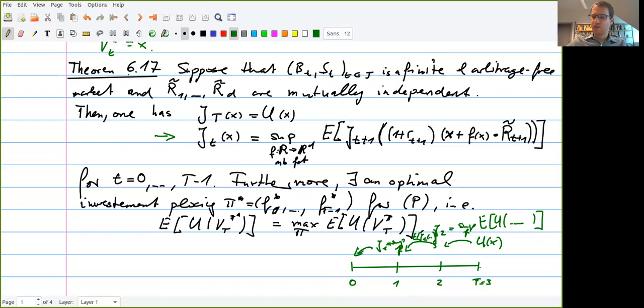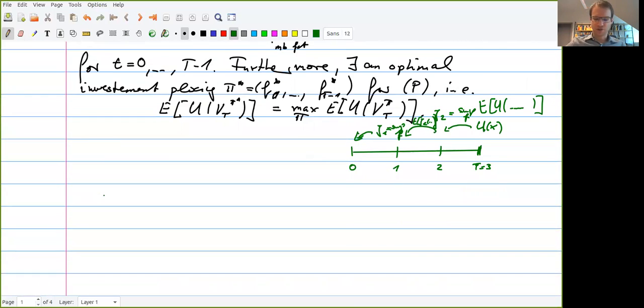So you can use the backward induction idea to go backward, and you see what you have to optimize in each period. You only maximize the target function over the next trading period. This picture is basically also the idea how to do it.